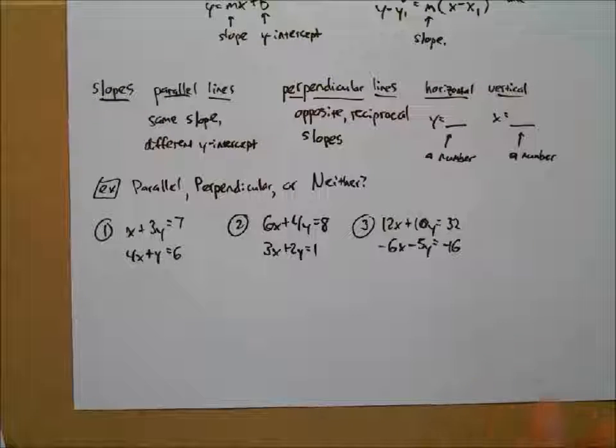Some suggestions: right now, these are in what we would call standard form. These don't really give you the slopes that easily. Maybe you have a way to get the slope really quickly from standard form. There is a way to do that. Or maybe you want to rewrite them in slope-intercept form and then use the slopes. But anyway, for 1, 2, 3, identify if they're parallel, perpendicular, or neither.